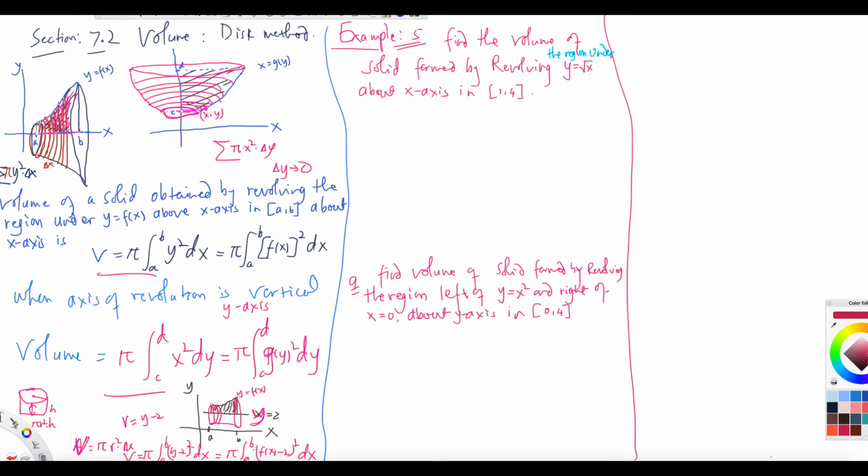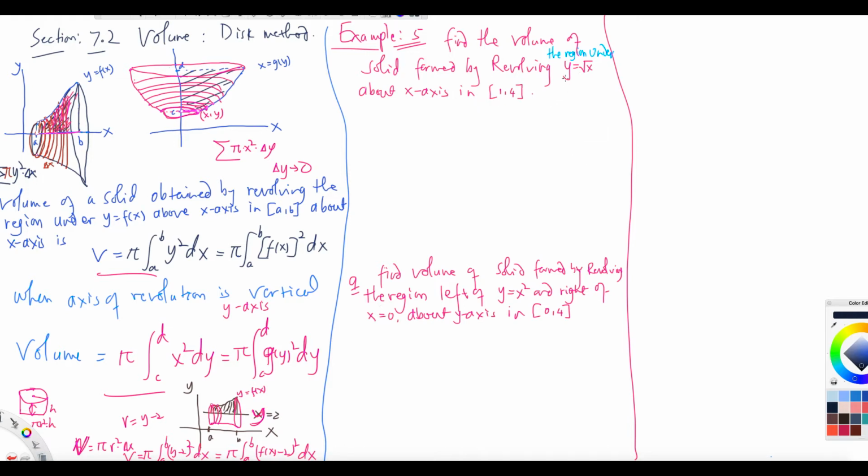Let us do an example. It is not exactly example number 5, but something similar to example 5 from the book. Find the volume of the solid formed by revolving the region under y equals root x about the x-axis from 1 through 4.